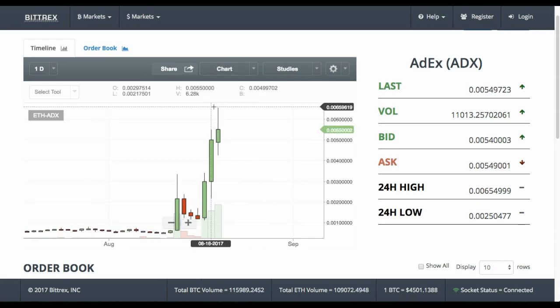Now this top out here of 0.0065 happens to be very, very close to the 1.618 exponential Fibonacci calculation from this high here of 0.0033 and this low here of 0.00111.